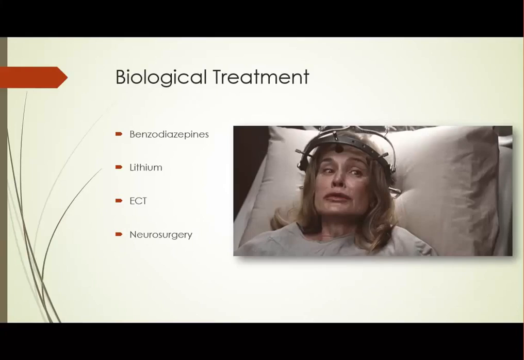But they work by enhancing the activity of GABA receptors. GABA is an inhibitory neurotransmitter of anxiety in stressful situations. Lithium and other mood stabilizing drugs treat bipolar disorder, but require blood monitoring.